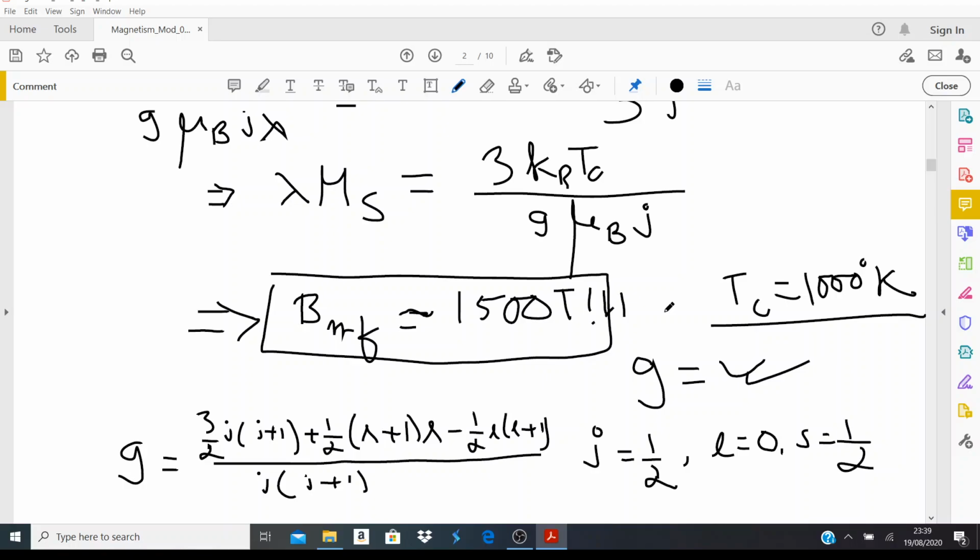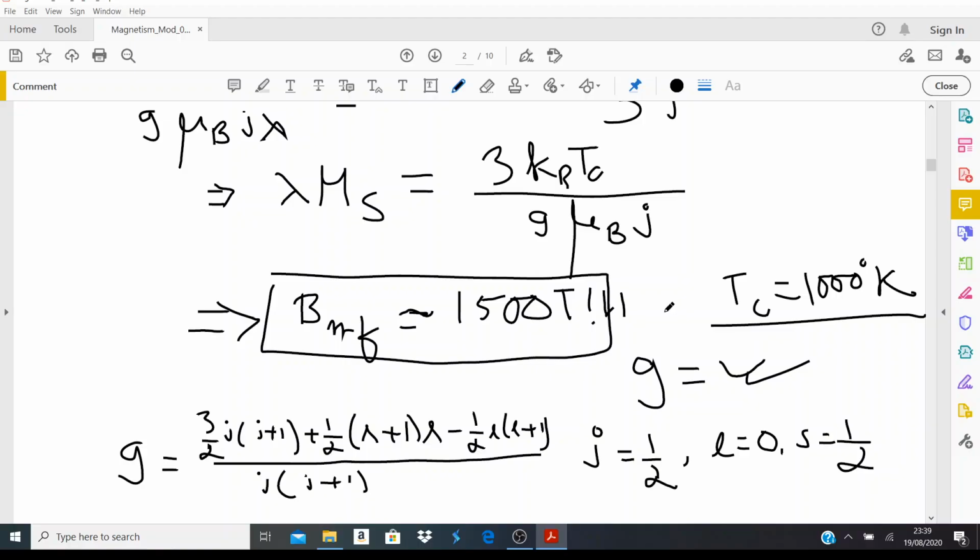And just to give you some examples, the MRI uses 1.5 Tesla, right? The standard medical instruments. So this is a ridiculously high magnetic field inside the solid, which is aligning the moments, and yet we don't know what's the origin of this magnetic field.